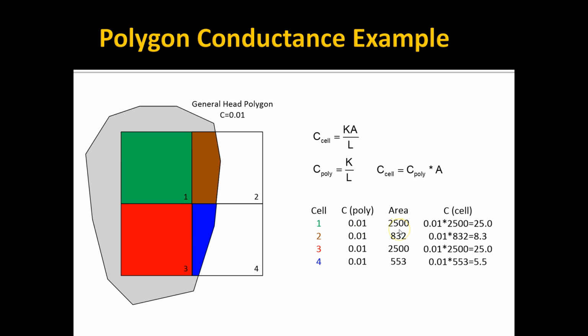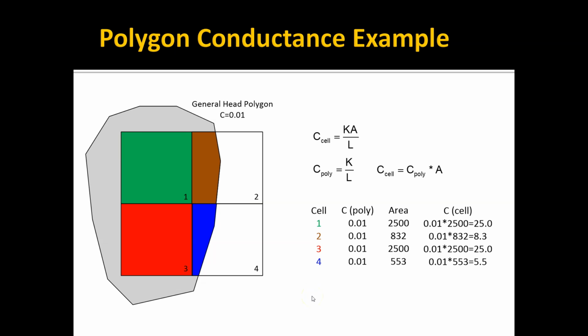Let's say this is a 50 by 50 meter cell, so we have an area of 2,500 square meters. We then get a cell conductance of 0.01 times 2,500. For cell number 2, the area of overlap is 832, so we just multiply that through, and so on as you go down the list there.